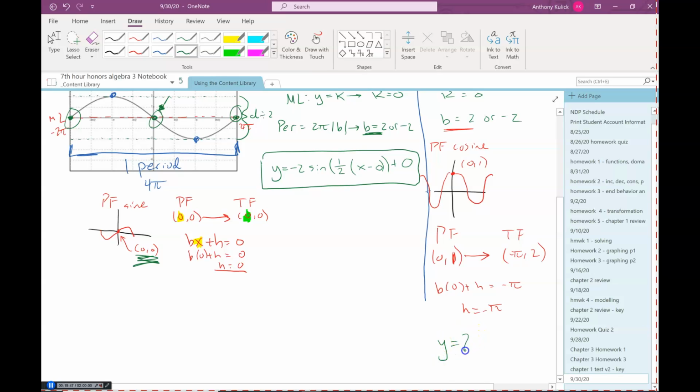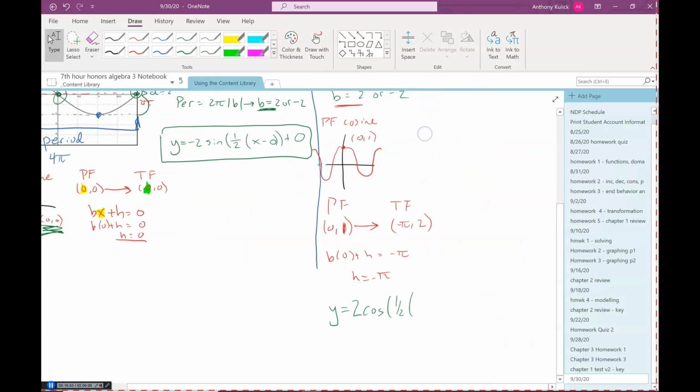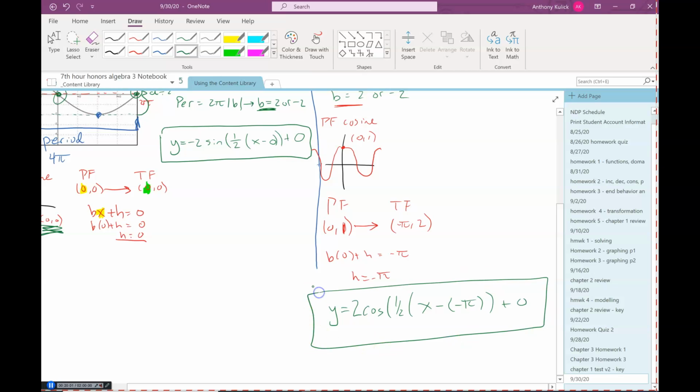So now if we put everything back together, this is one possible answer. Yes. So because this point here is a maximum in my parent function, right?